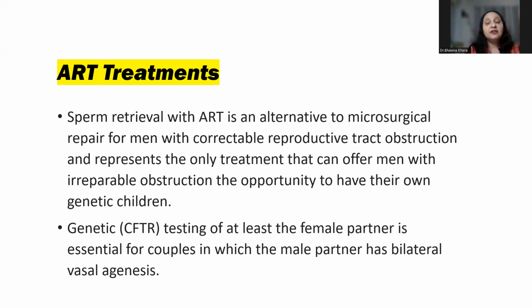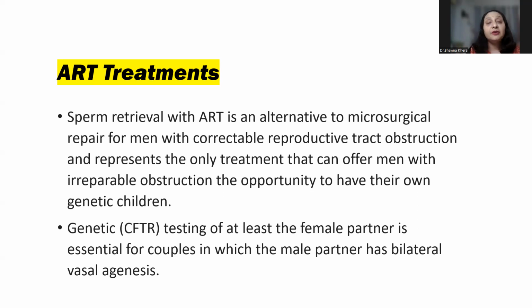Okay, but remember, whenever there is a problem, particularly with non-obstructive azoospermia, always try to look for the genetic cause. Genetic testing of the female partner is essential where the male partner has bilateral vasal agenesis. Congenital bilateral absence of vas deferens very well goes with cystic fibrosis.